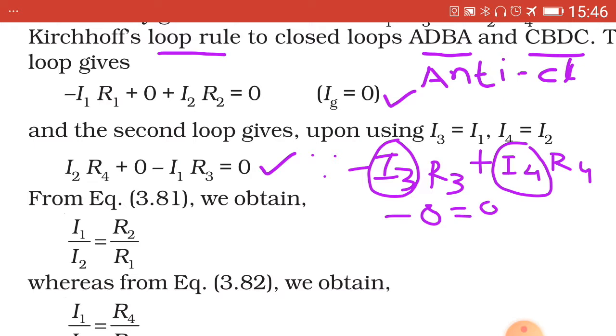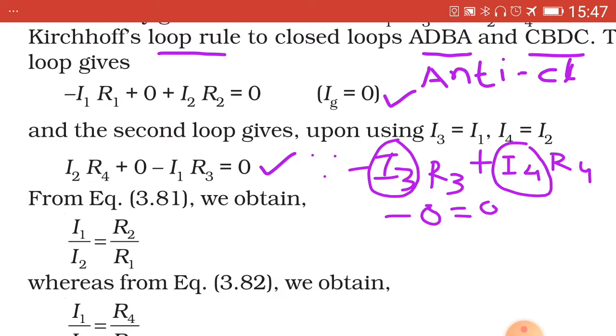Now in the first equation, if we take minus I1 R1 on the other side, it will be I1 R1 equal to I2 R2, and similarly minus I1 R3 on the other side in equation number 2, then it will be I1 R3 equal to I2 R4.